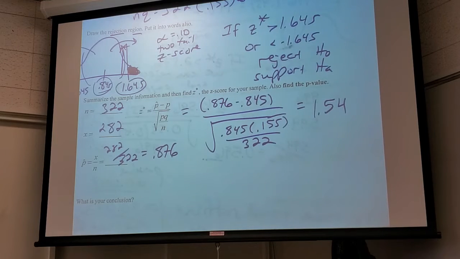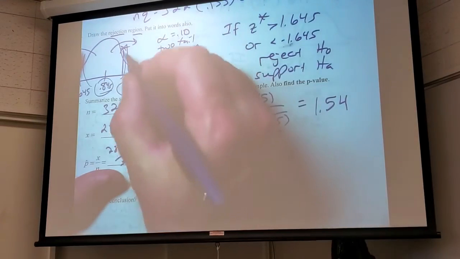What am I looking for? My z-score chart. Do you guys find that? There we go. So it's got to be the area in the tail that our z-score makes.